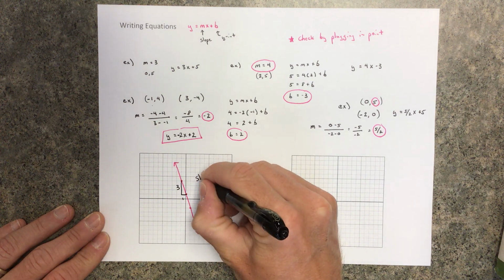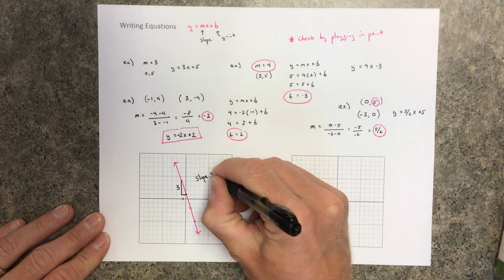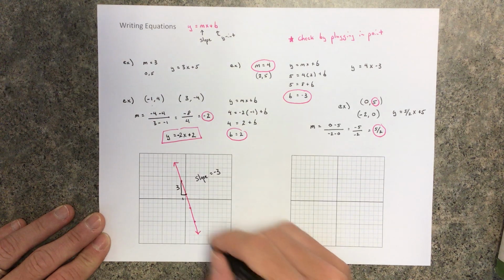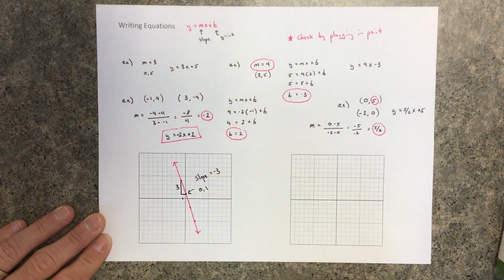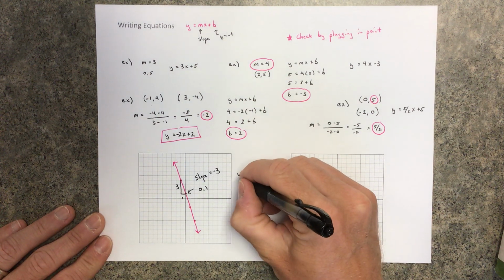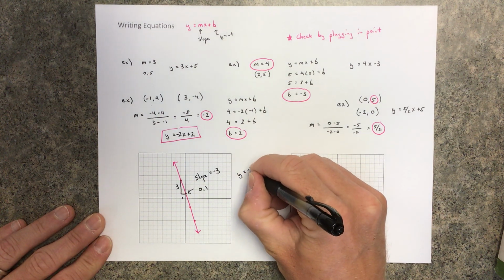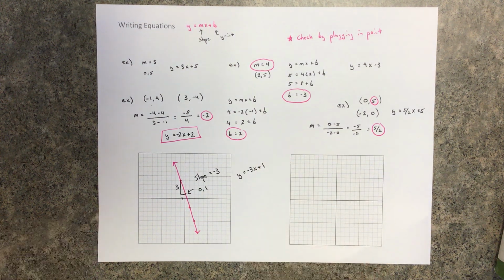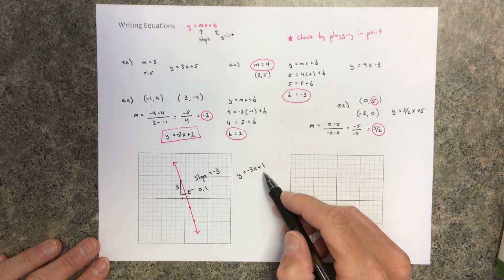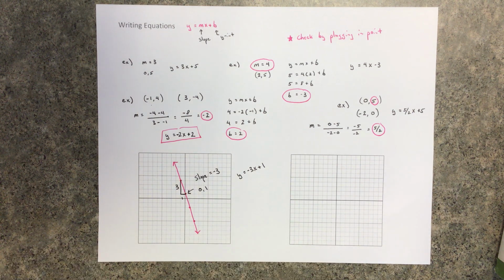So the slope there is -3, right? And it's downhill. And then the y-intercept is 0, 1. Well, that makes it easy to write the equation. Y equals -3x plus 1. Once you know the slope and you know a point, or once you know the slope and you know the y-intercept, you can write the equation of the line.